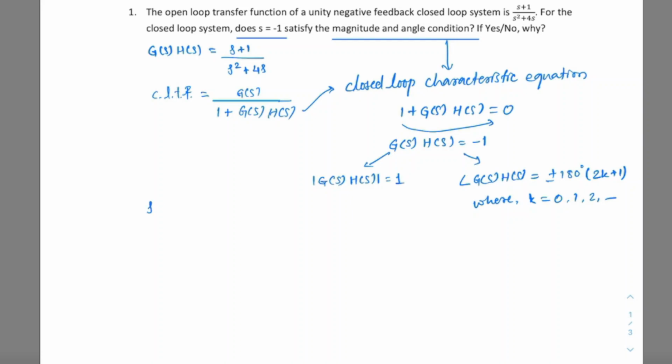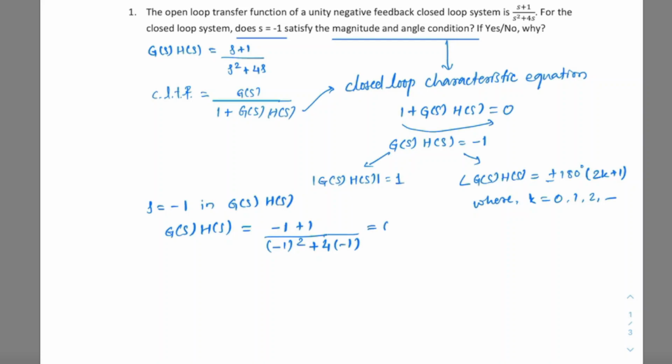When we put s equals minus 1 in g of s h of s, we get minus 1 plus 1 over minus 1 square plus 4 into minus 1.